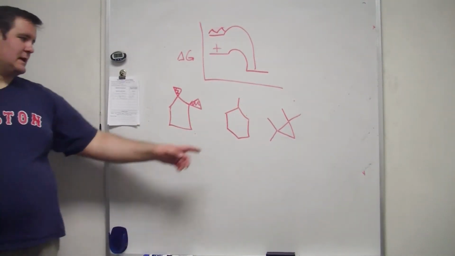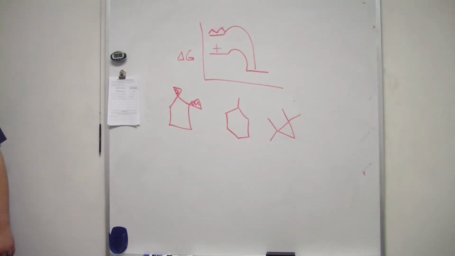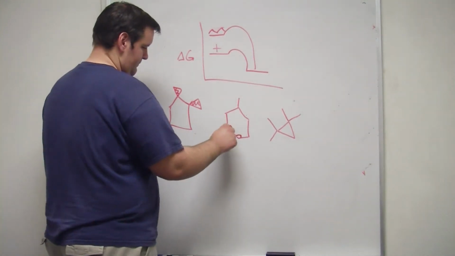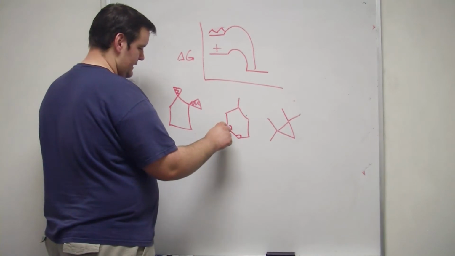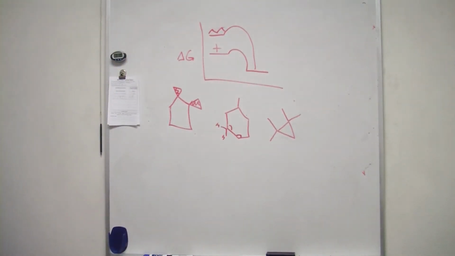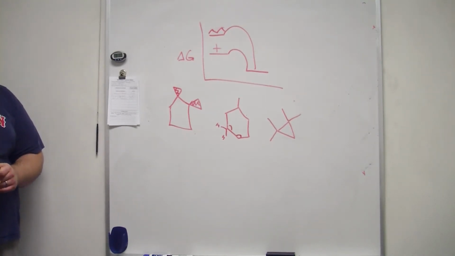So we should expect this to have the lowest heat of combustion out of these three. Why is that again? Because these angles, with their hydrogens off of it, are closer to the 109.5 that we would expect an sp3 to have.